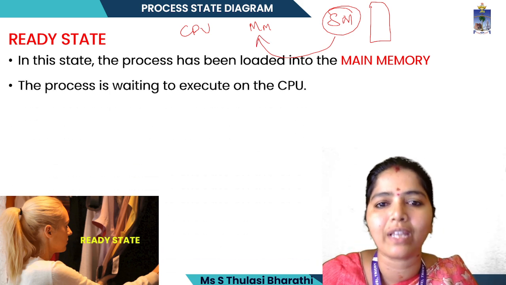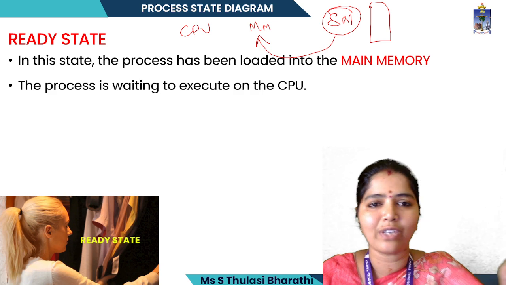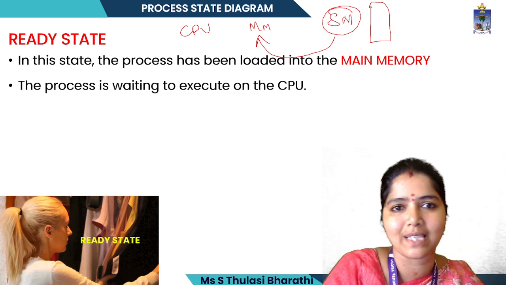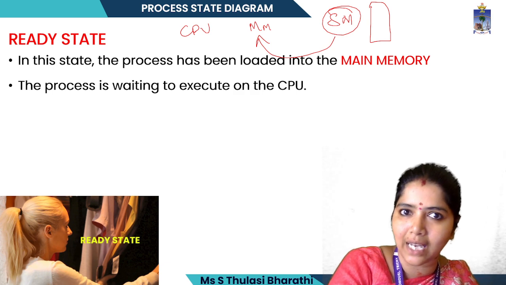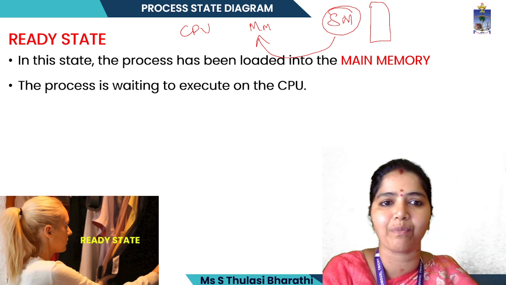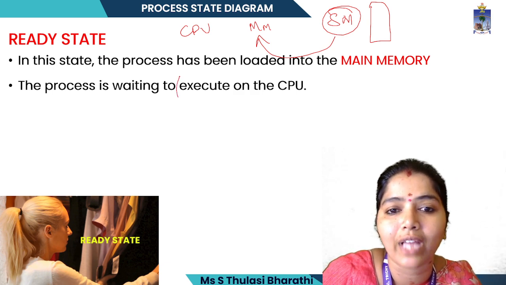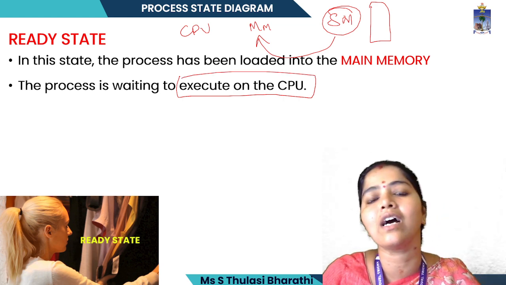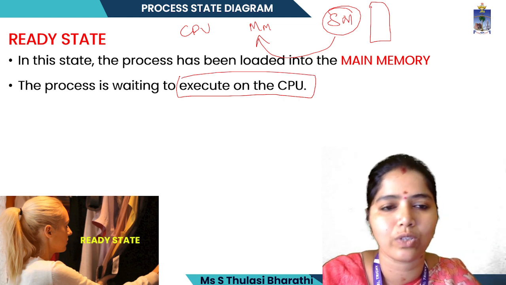The process is waiting. So what am I doing here? I need to go to the bathroom to take my bath. I need to go to my room to dress myself. I need to go to my study area to pack and take everything from there. So the process is waiting for execution on the CPU. Everything is set ready, but I need the CPU to do the processing, the execution.